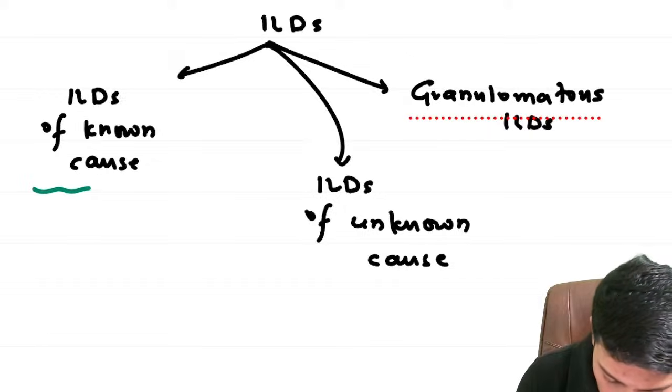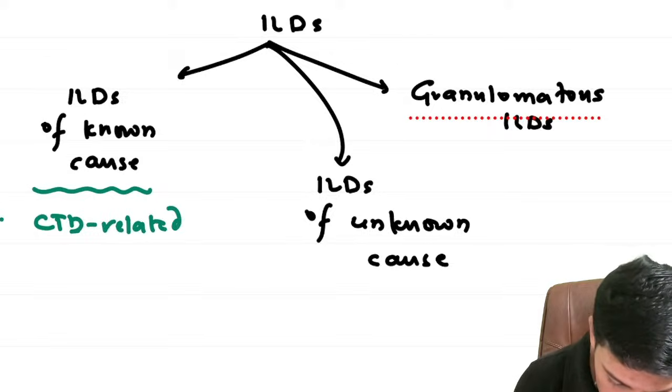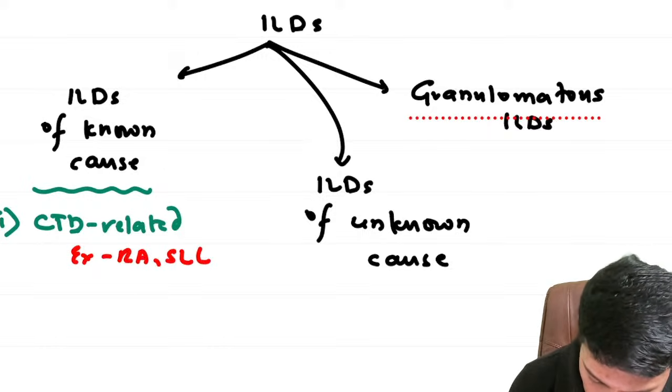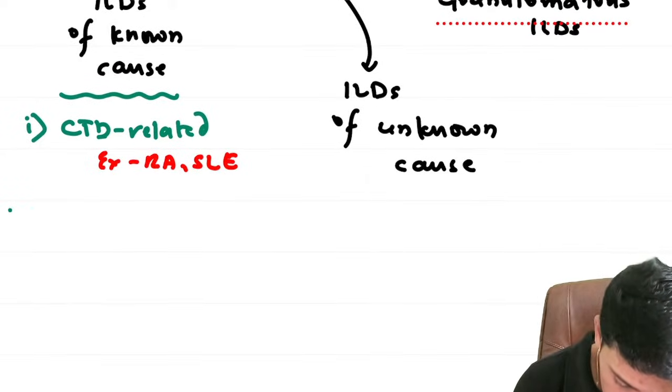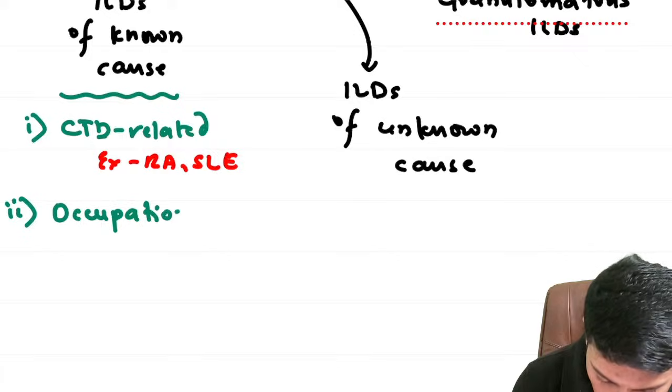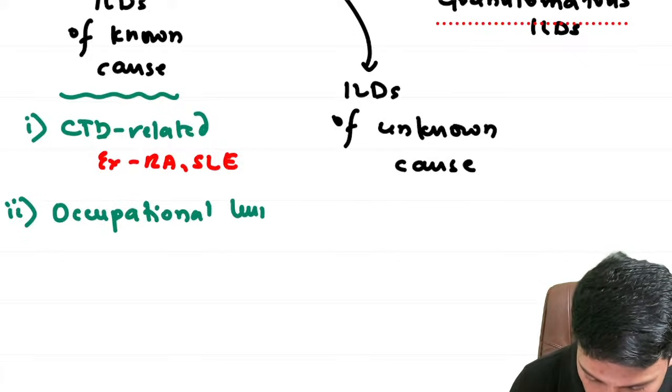Among the ILDs of known cause, the first thing you should mention is connective tissue disorder related ILDs, with the example of rheumatoid arthritis and SLE. Second, occupational lung disorders, where we know the occupational exposure to something is responsible for the ILD.